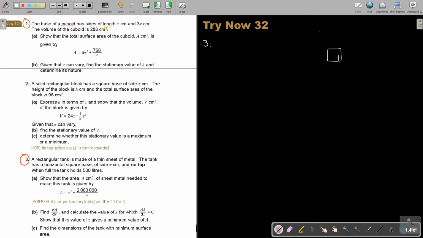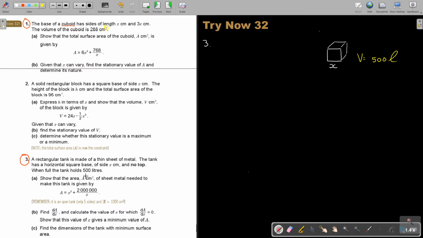So it's a horizontal square base of side x and no top. Okay, very important, no top. When full, the tank holds 500 liters. It's the volume, 500 liters.